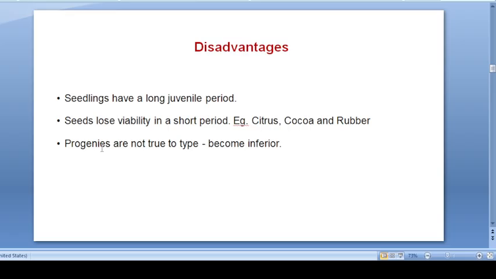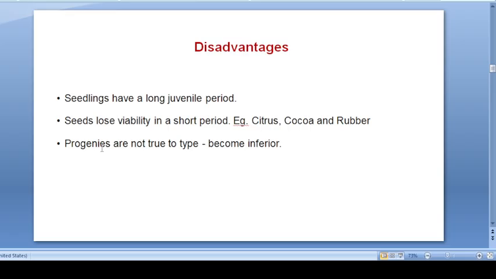Recalcitrant seed means the seed which loses its viability very quickly, having more moisture content. With high moisture content we cannot store it for a long time. Just remember, the seeds which lose viability very quickly are the seeds we have to sow immediately after extraction.